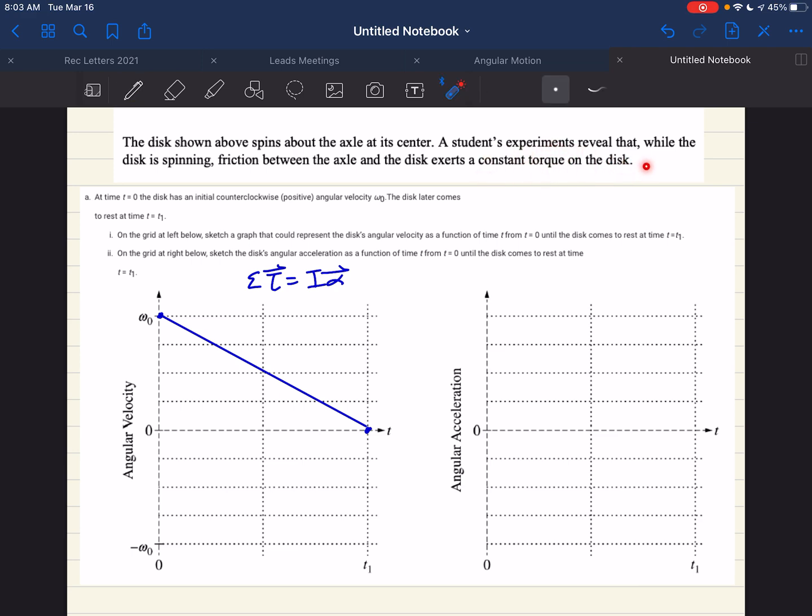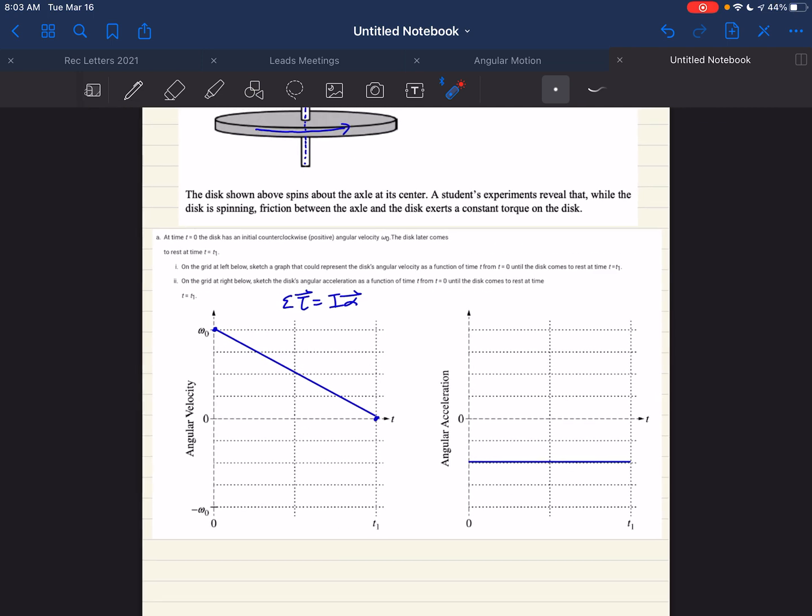And if the torque is constant, the angular acceleration is constant. And if the angular acceleration is constant, the angular velocity should be changing at a constant rate. In other words, the slope of this line is constant. And to match it, we're going to have an angular acceleration graph that is also just of a constant value. Notice that it's negative, because the angular velocity is positive and it's slowing down.